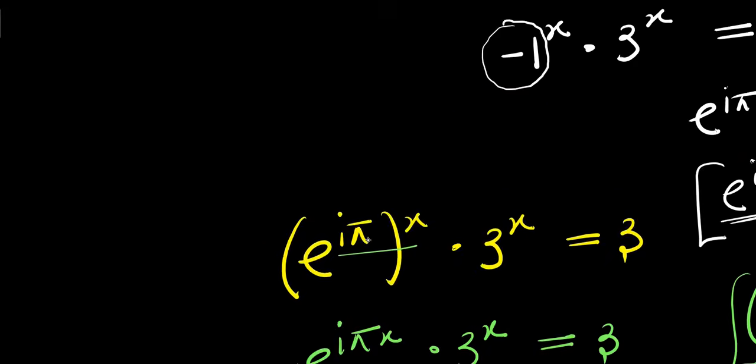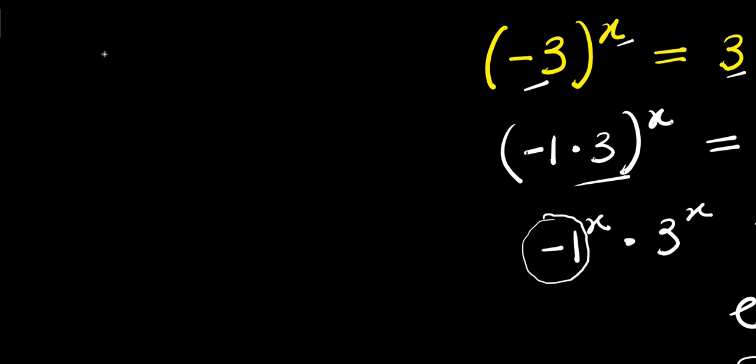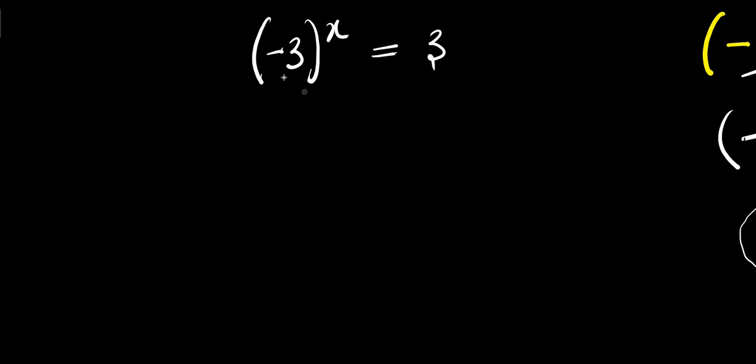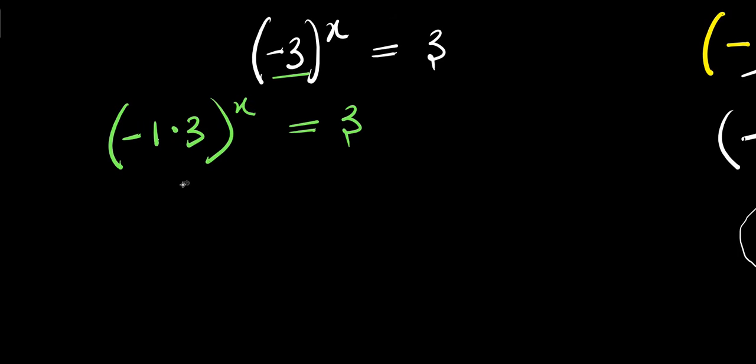Now we can also solve this using this other approach. We have (-3)^x equals 3. We can also replace this with (-1 times 3)^x equals 3. Now we can make use of natural log as well.